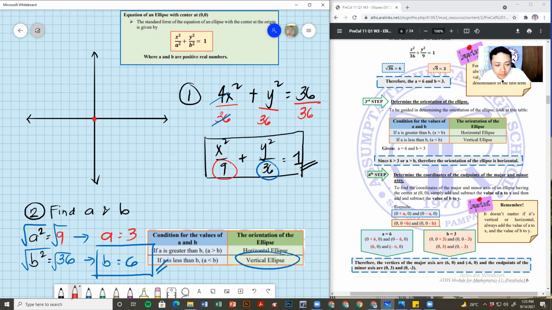We will move 3 times to the left of the center and 3 times to the right of our center. 1, 2, 3. And here is our center. 3 units to the left. 1, 2, 3. There you go. Those are the endpoints of our co-vertices, because that's the shorter path.